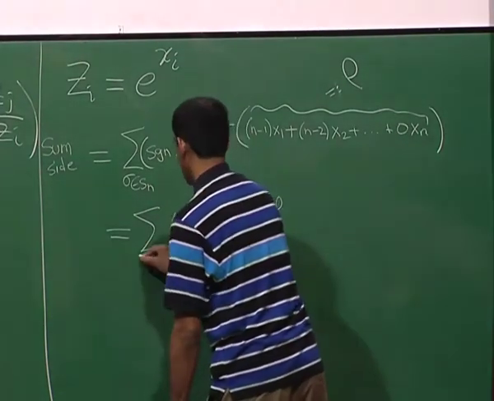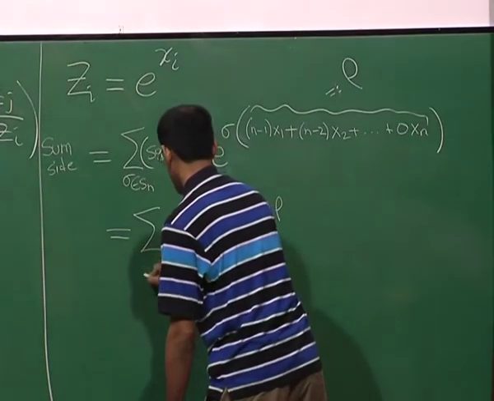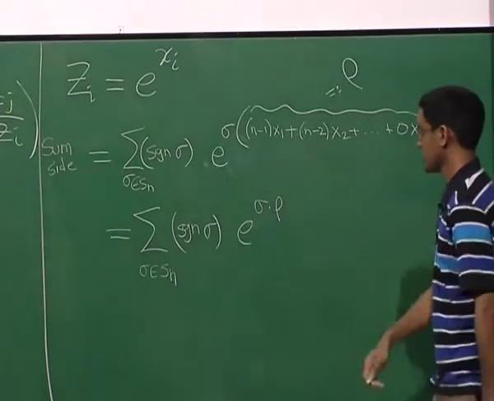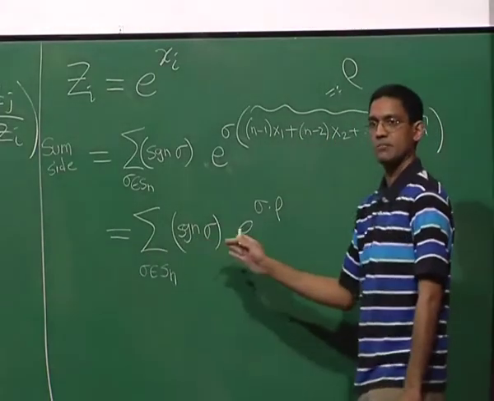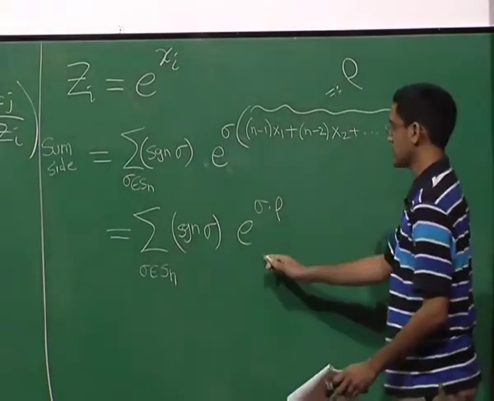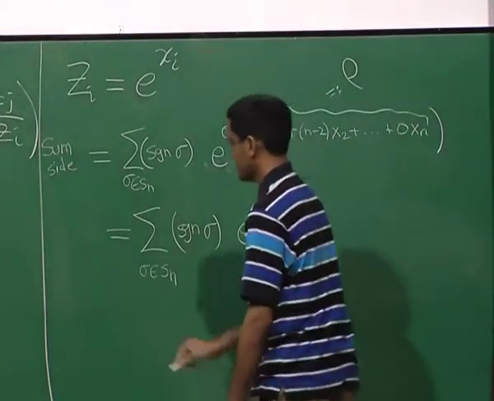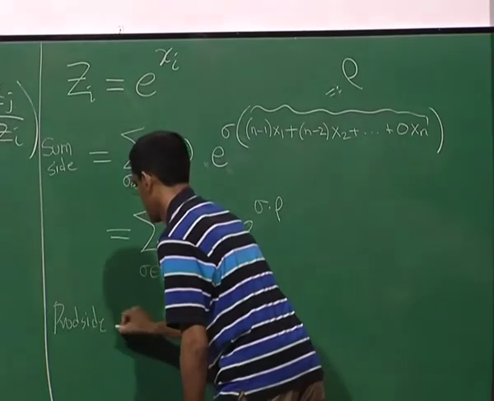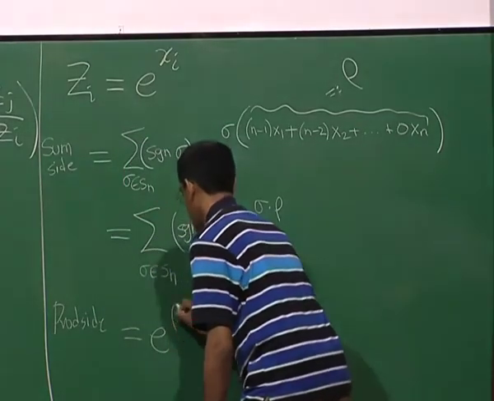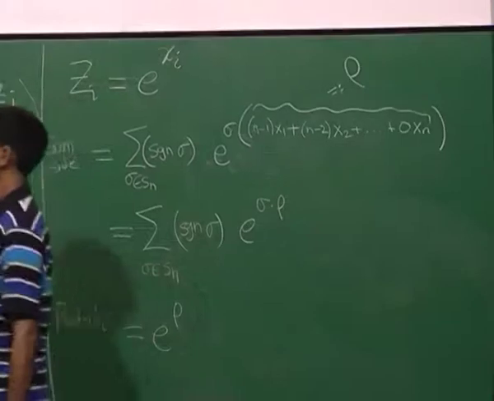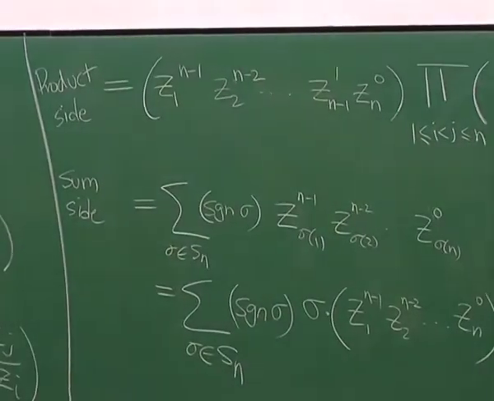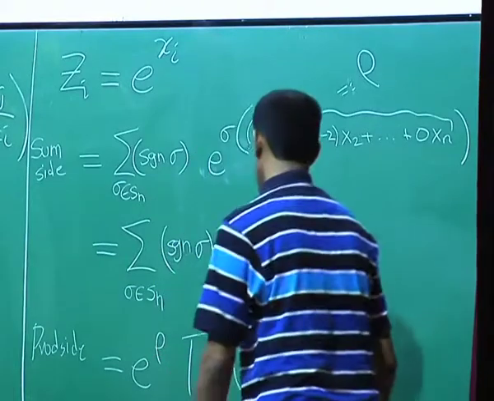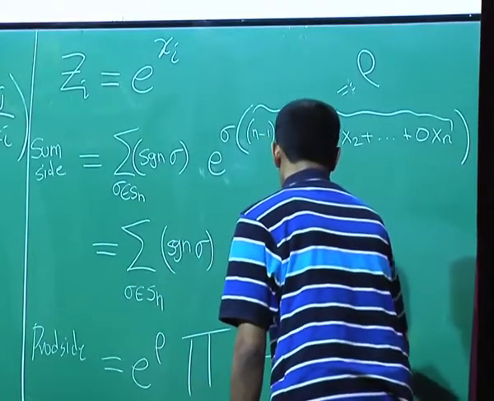Given any n complex numbers x1, x2, up to xn, I can manufacture a complex number called rho, and I can compute this sum of sign sigma e to the sigma rho. That's the sum side of the identity, and the product side becomes, well, the leading term is again e to the rho, the same rho that we had, and the product is now over 1 minus e raised to the xj minus xi.